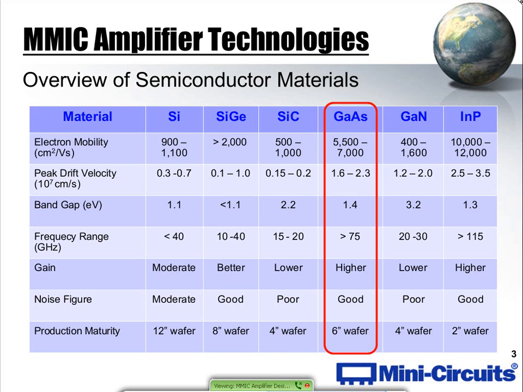And the total cost of ownership equation of any kind of a system includes not only the purchase price, but the ongoing operation expenses, which come into play in the selection of the device.